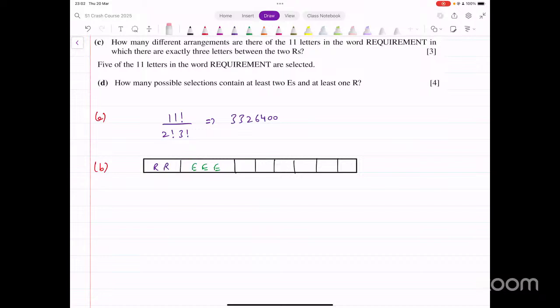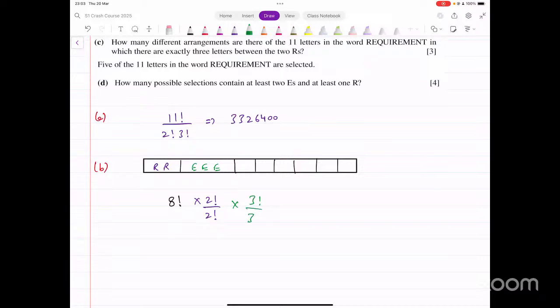And how many ways can you arrange these 8 boxes? 8 factorial. What about the arrangements for R? Well, they don't matter because they're identical. Even if you were to consider them, you would say 2 factorial, but then both of them are identical. You divide by 2 factorial. Similarly, E's are also identical. You don't really have to consider their arrangements. But if you were to consider them, you would say 3 factorial because there are 3 letters, but then all of them are identical.